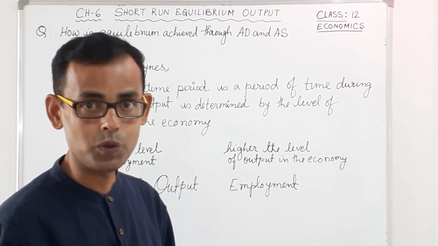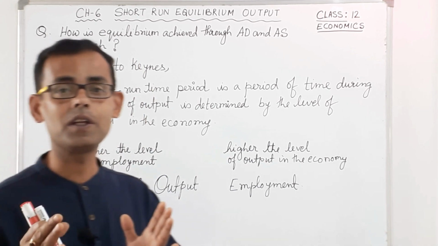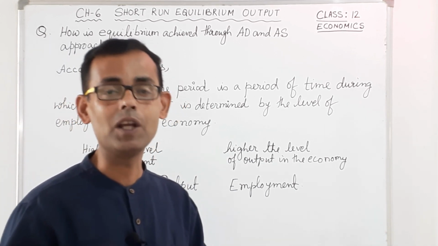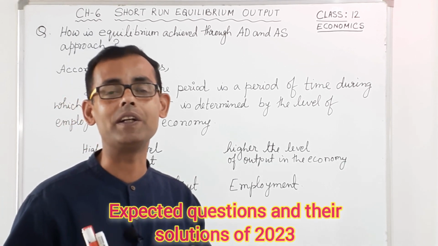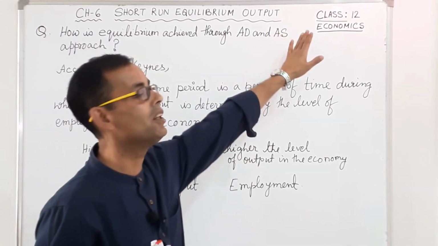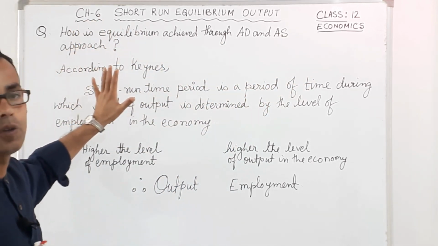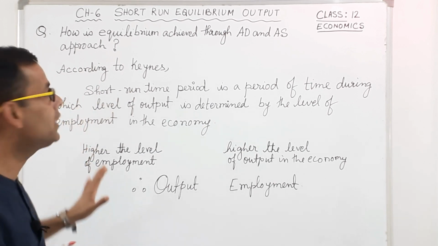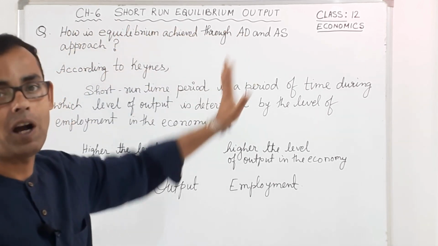So class 12 students, today we are going to discuss the most important, or you can say the most expected questions of 2023 of class 12 economics, and we will discuss from the macroeconomics part, chapter 6, short run equilibrium output.